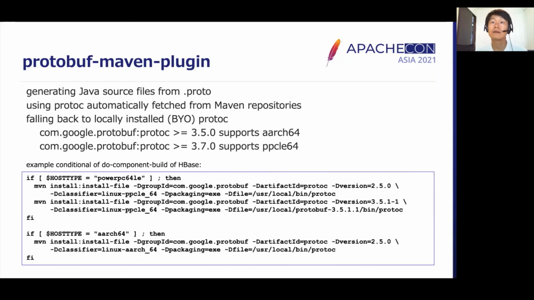The plugin automatically downloads the protoc binary and uses it to process .proto files. Developers do not need to install protocol buffers on their own. Since old protoc binaries for ARM and Power platforms are not provided by Maven repositories, Bigtop locally installs artifacts based on patched protocol buffers to the local repository.